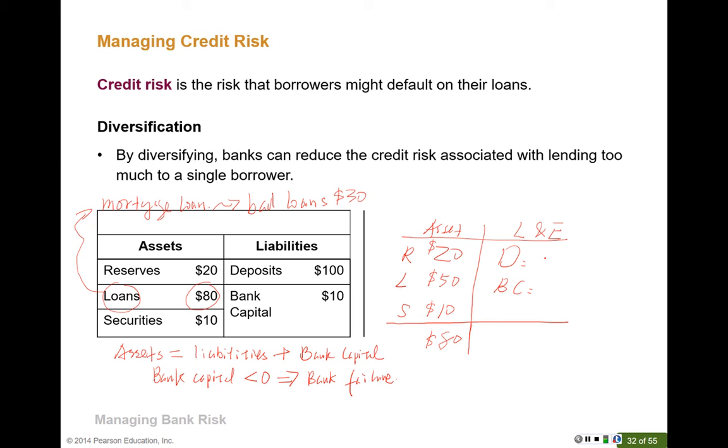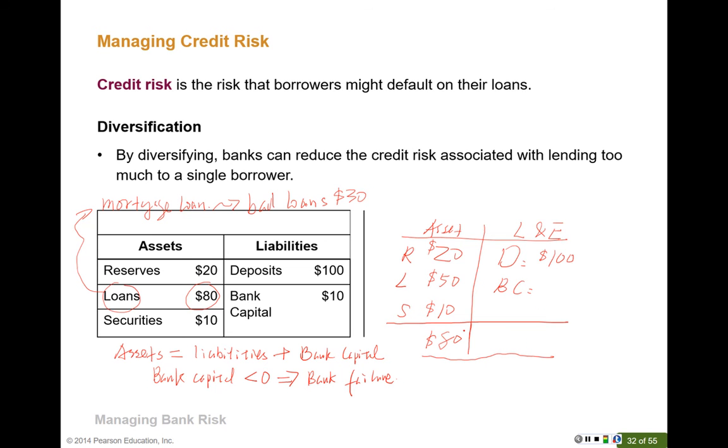On the liability side, deposit is $100. Could this be changed? No, because deposit is an obligation the bank needs to pay back to the depositors. This is a liability, so the value of the deposit is not going to change. The bank still owes people $100. But how can we balance these two sides?